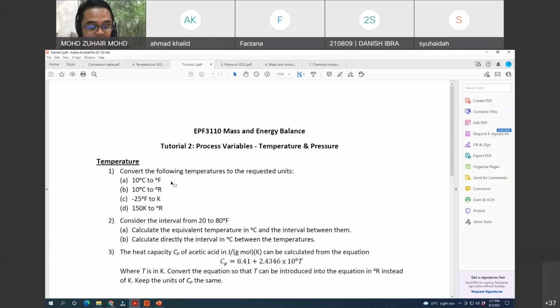Anyone can answer? Temperature degree. Yes, correct. Because this is focusing on the specific temperature. So it's very straightforward. What you need to do is just convert, let's say 10 degrees Celsius to degrees Fahrenheit.